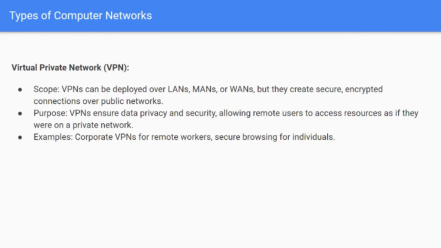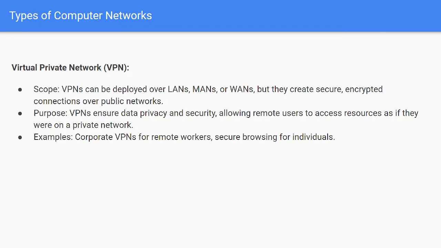So we have the VPN. It can be a local area network, a metropolitan area network, or a wide area network. It can be any of them, it doesn't have to be one. But the goal is to create a secure and encrypted connection over a public network.